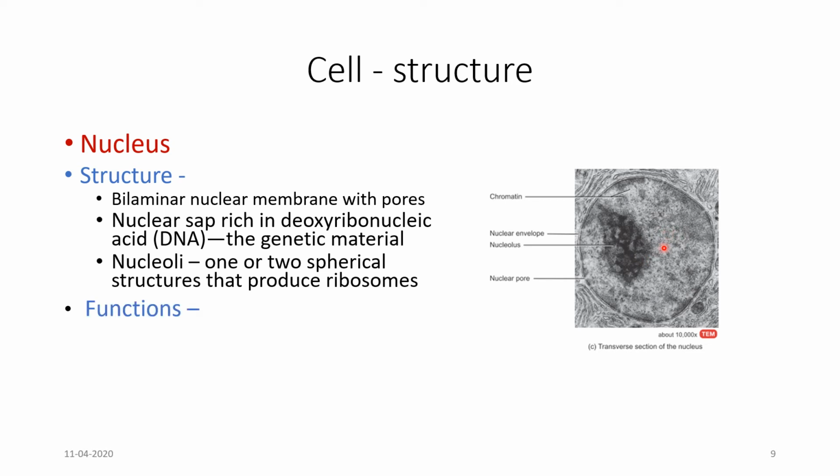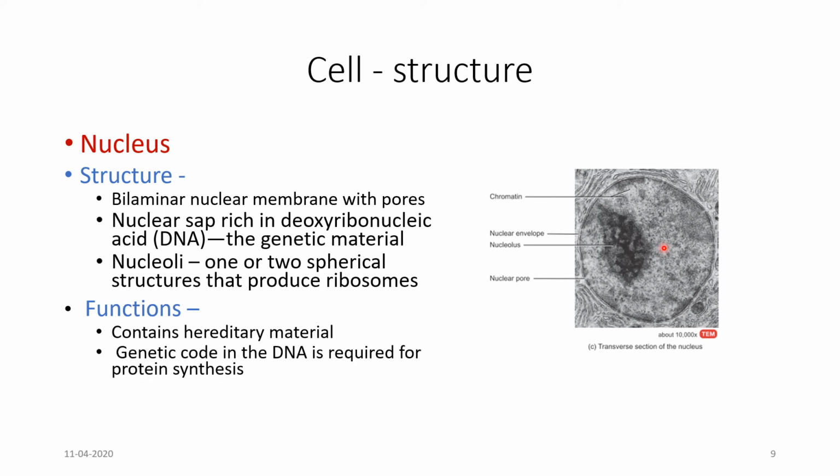Then what are the functions of the nucleus? This nucleus contains the hereditary material. It contains the genetic code in the DNA, which is required for protein synthesis. And the nucleus controls the cell structure and activities.